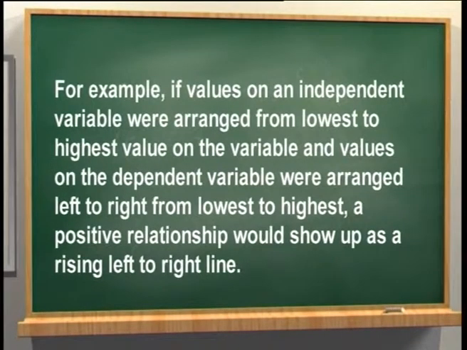For example, if values on an independent variable were arranged from lowest to highest and values on the dependent variable were arranged left to right from lowest to highest, a positive relationship would show up as a rising left to right line.